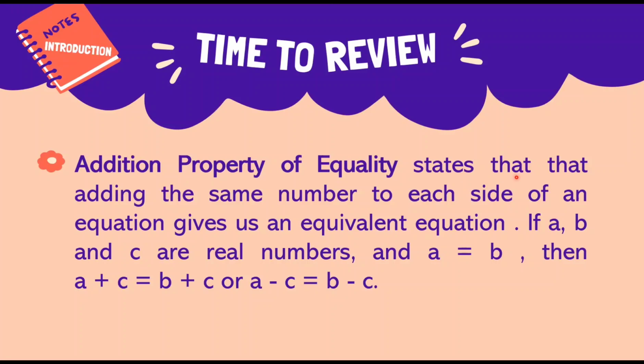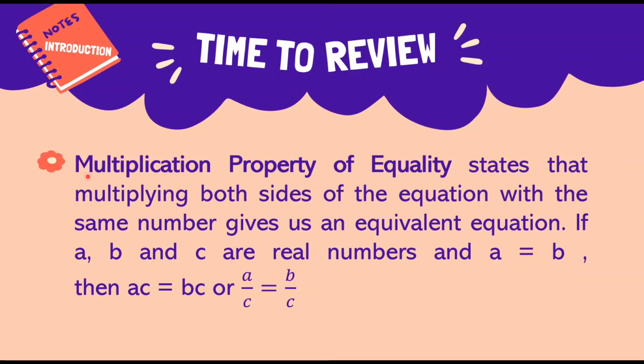It states that adding the same number to each side of an equation gives us an equivalent equation. So if A, B, and C are real numbers, and A is equal to B, then A plus C is equal to B plus C, or A minus C is equal to B minus C. That is all about the addition property of equality.